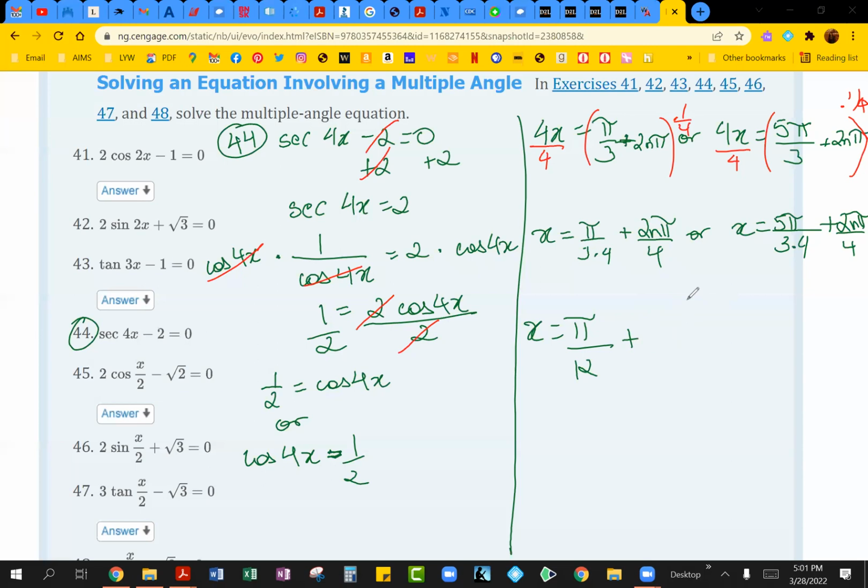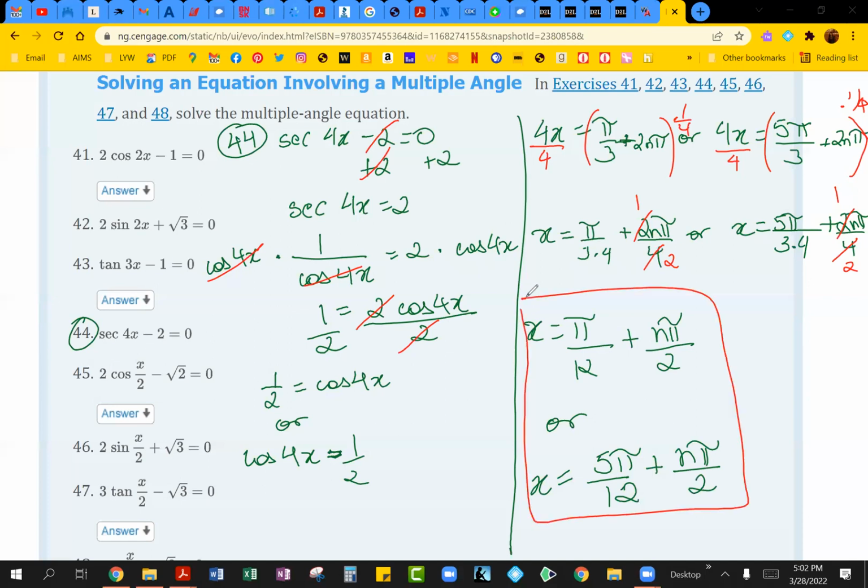Let's go ahead and clean that up. 2 will go into itself once, go into 4 twice. So that will actually end up giving us, like you guys had, n pi over 2. And then for the other one, you had x equals 5 pi over 12 plus, again, n pi over 2. And this will end up becoming our final answer for this equation.